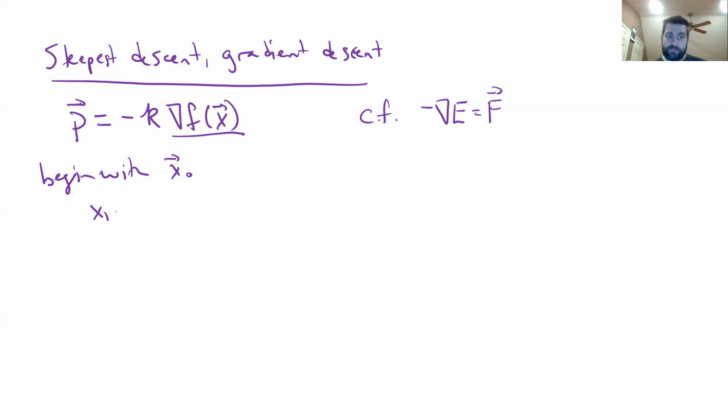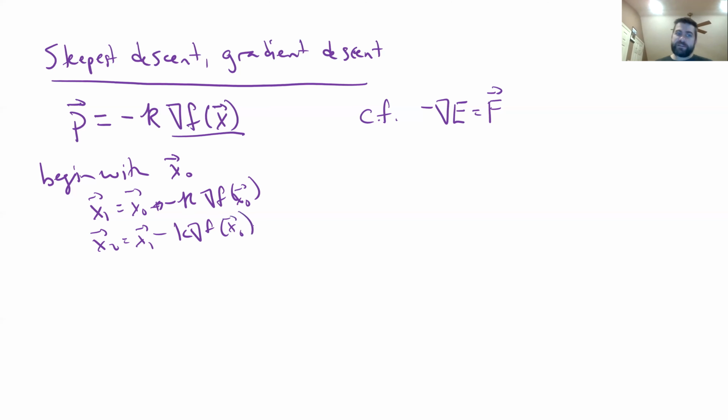We would find x1 as x naught plus, or perhaps minus k gradient f at x naught, x2 equals x1 minus k gradient f of x naught, and so on, and continue this as we need.